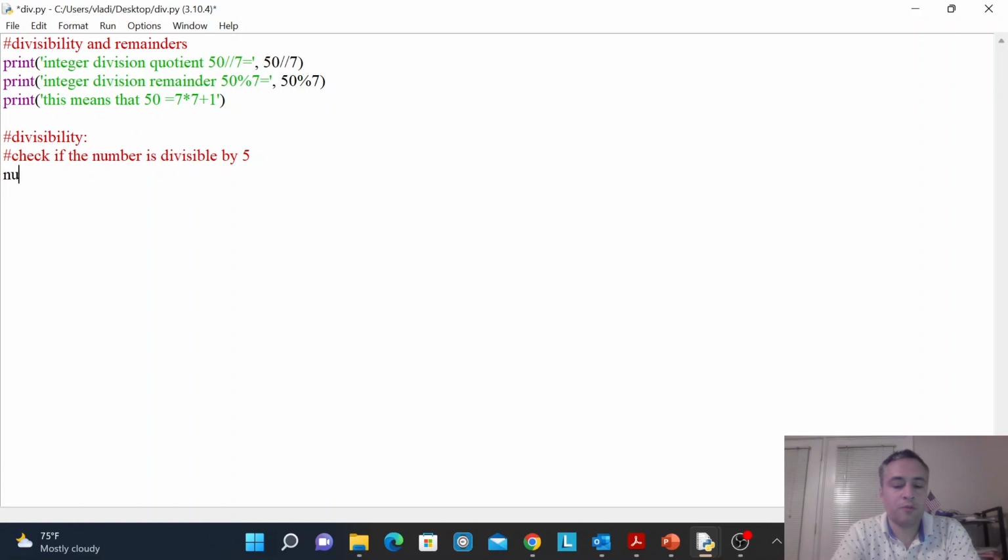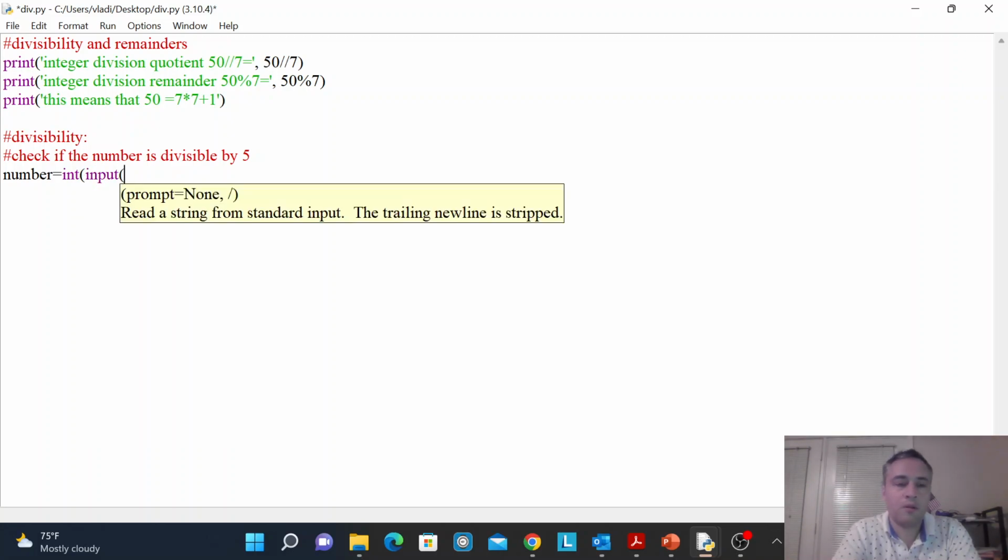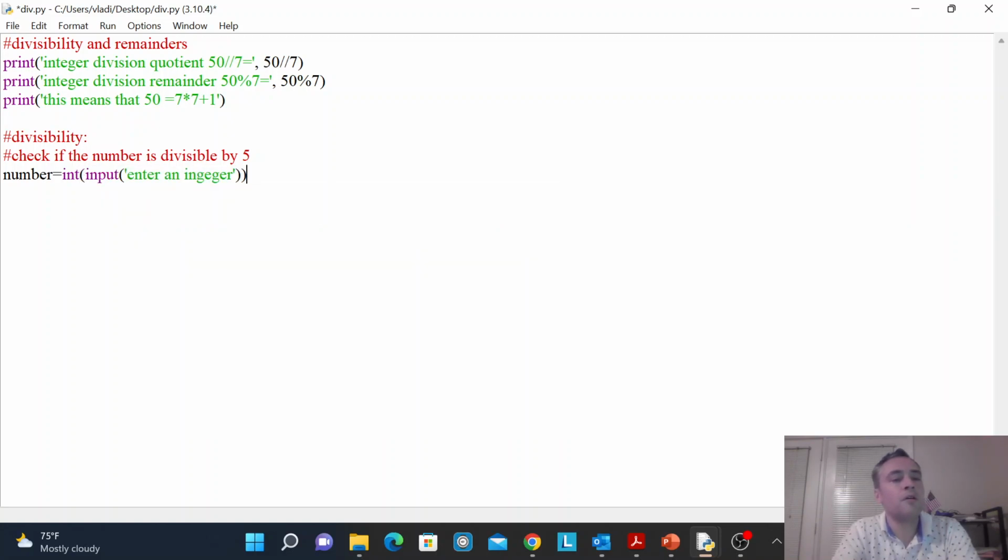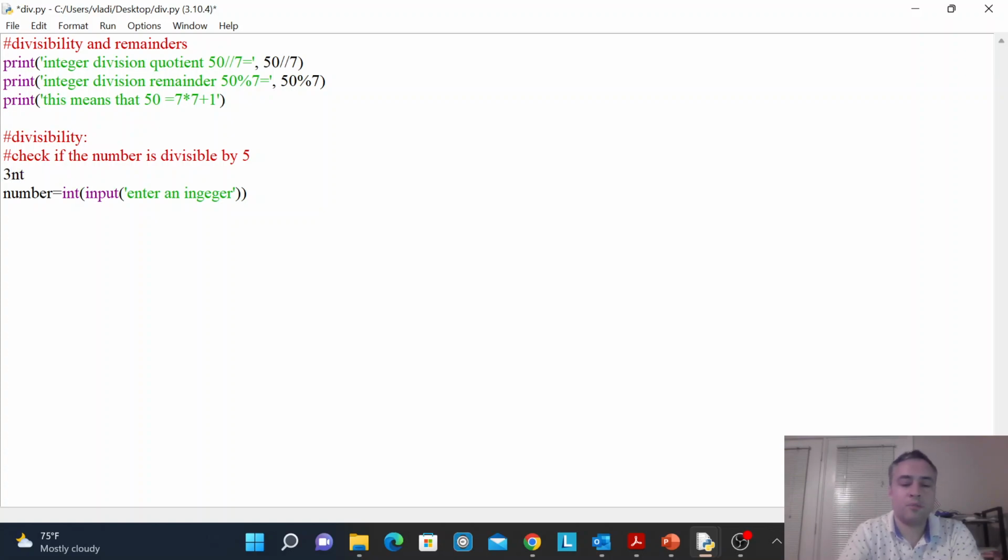Okay, so the first line will be number equals int of input, enter an integer.